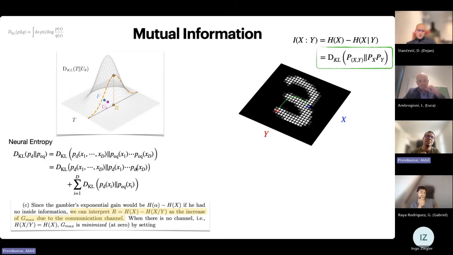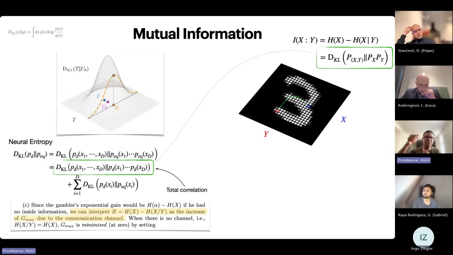One piece looks a lot like the mutual information, except it's a higher dimensional generalization called total correlation. The other is a trivial piece, which tells you about the difference between the marginal of each component in the data distribution and the marginal in the equilibrium distribution.